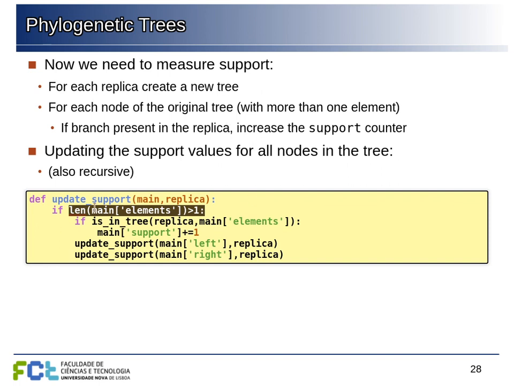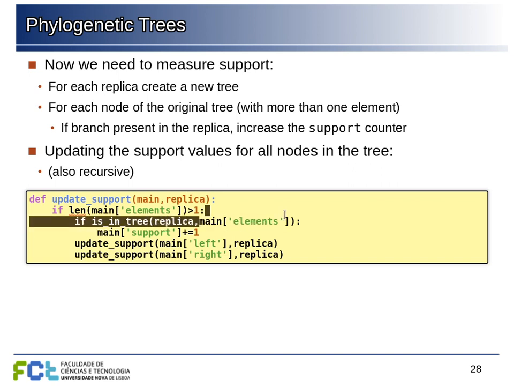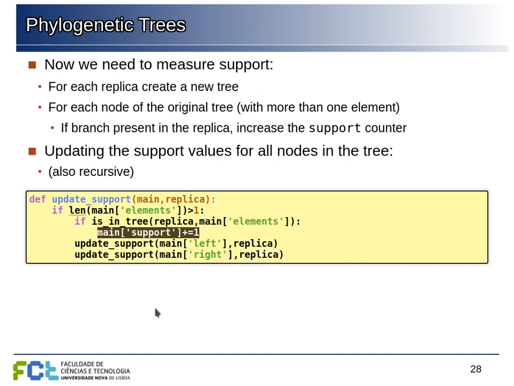So if this particular branch has more than one element, we're going to check if this combination of elements here is present in the replica tree. If it is, then we're going to update the support of this branch and add 1 to it. So we're going to increment. Remember again this plus equal operator here, so that we keep incrementing these values.